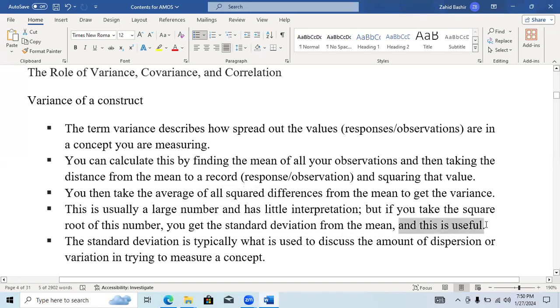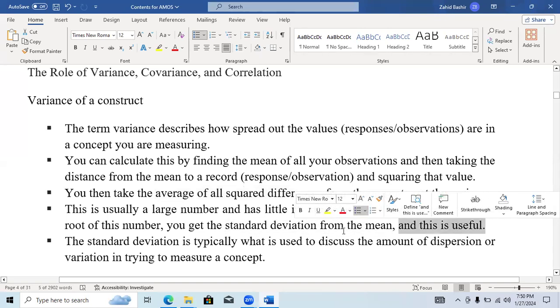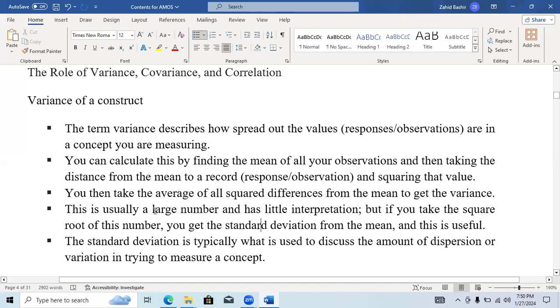So this number is useful. Before taking the square root of this number, it would be a large number which has little interpretation. But when you take the square root of that number, you get the standard deviation, and it is useful. The standard deviation is typically what is used to discuss the amount of dispersion or variation in trying to measure a concept.